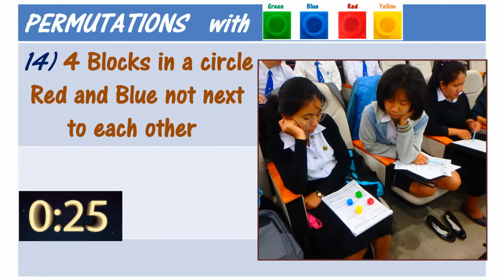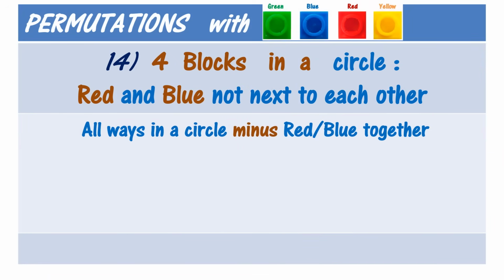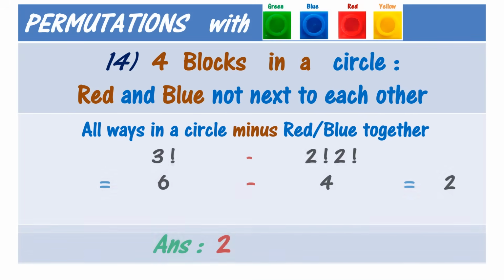This is a trickier question. 4 blocks in a circle, red and blue not next to each other. We could take always in a circle and subtract when red and blue are next to each other.